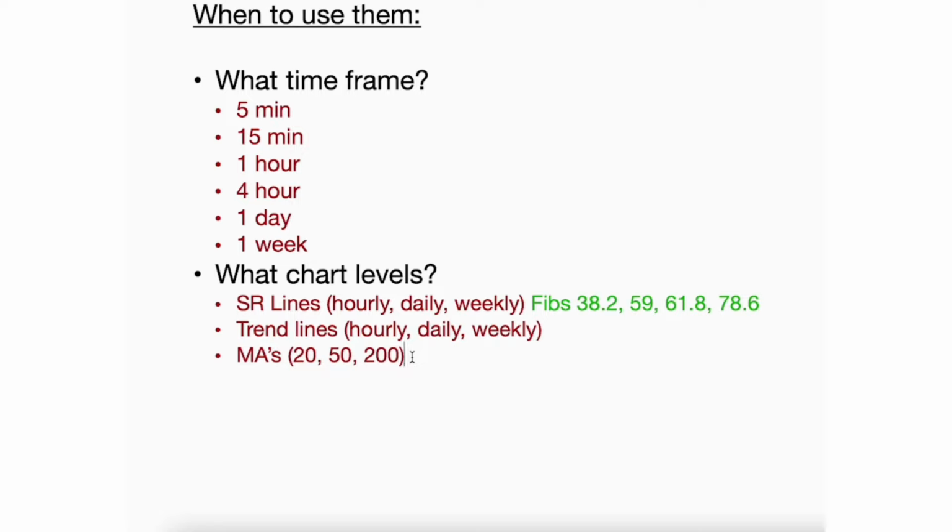That's a good one. The 20-period VWAP on stocks is pretty good, but not so much on currencies. Well, you can't get volume on currencies anyway, so obviously that's not useful. But if you want to be using moving averages, just use simple 20, 50, and 200-period moving averages on the hourly and the daily chart.